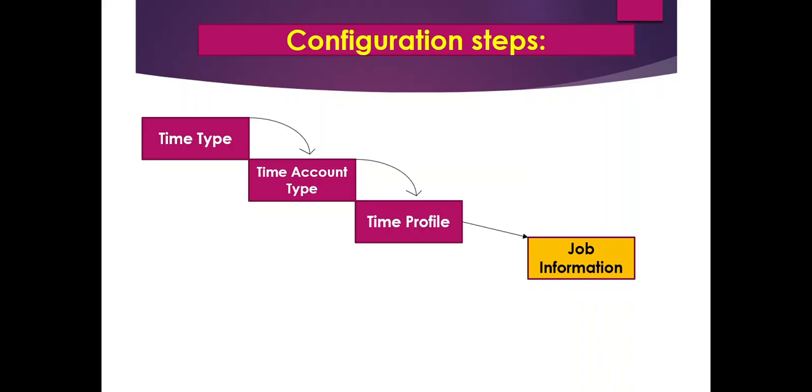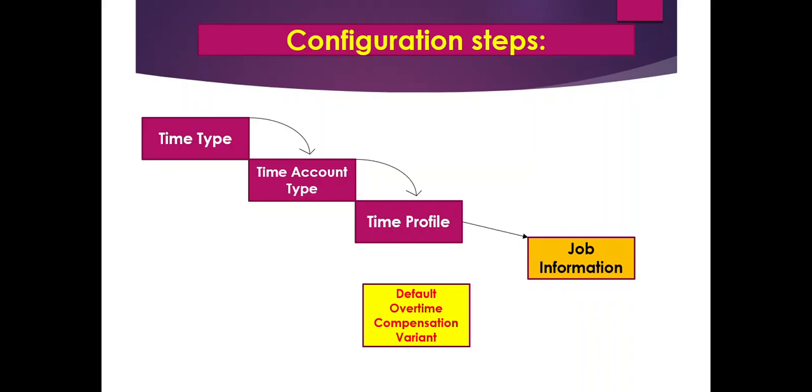So for that purpose, SAP introduced one specific variant. What is the name of that variant? That is the default overtime compensation variant. This variant will decide which option should be applicable for the employee. Either it will be fully paid off, or a few percentage paid off and a few percentage taken as leave, or full taken as leave, no paid off.